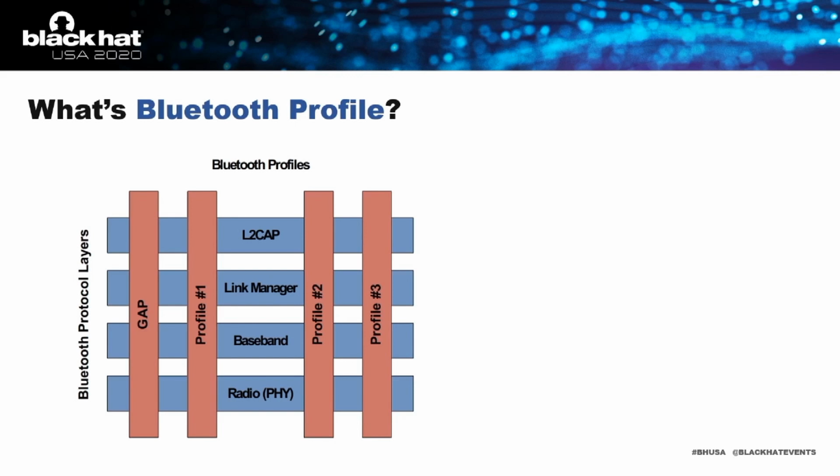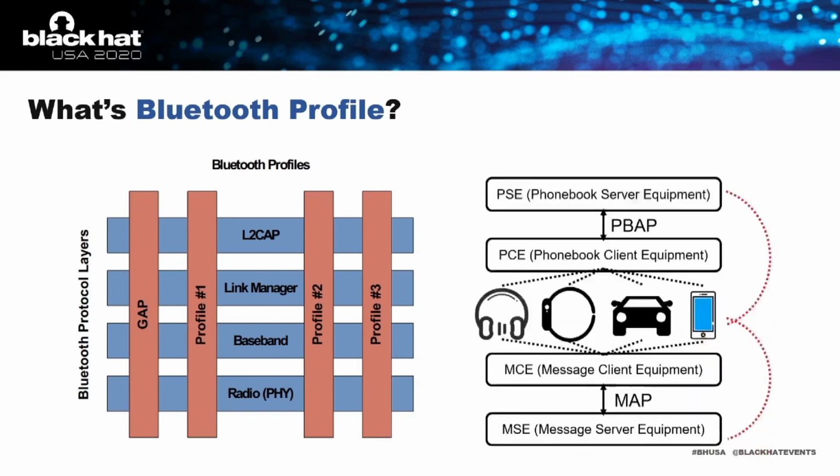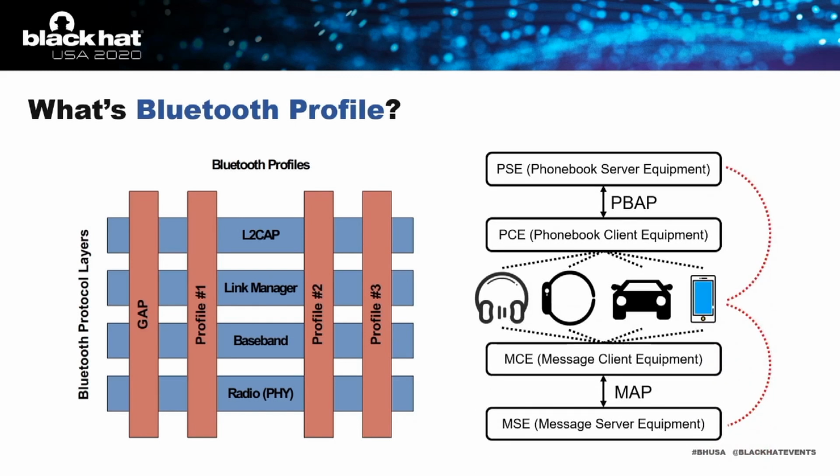There are many ways to implement these functions, but in order to allow devices from different manufacturers to work together in the same application scenario, we need a specification. These specifications are called Bluetooth profiles. For example, PBAP for synchronizing the phonebook, MAP for manipulating short messages.